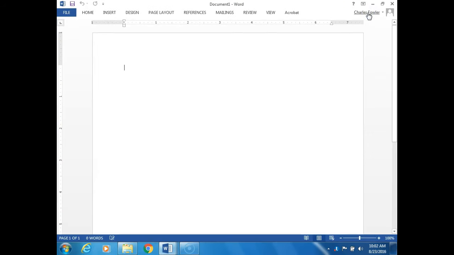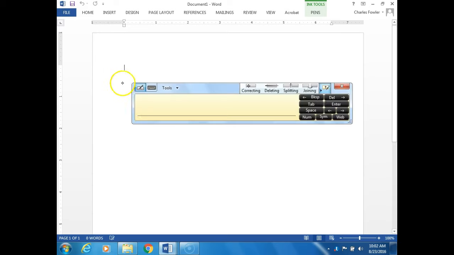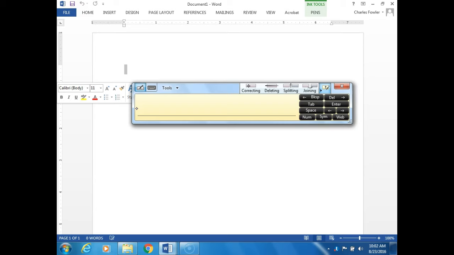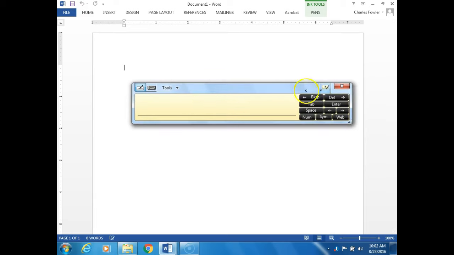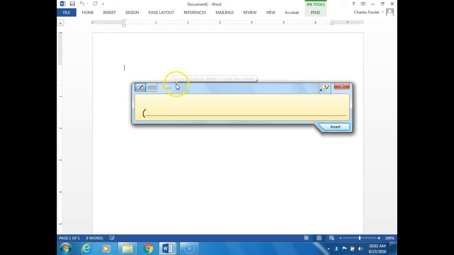Let's see if you can write on it. Not that I can. Still not. That yellow thing looks to be your writing pad. Oh, this right here? Okay. Can I expand that? Try using your cursor. Can we increase the size of this thing?